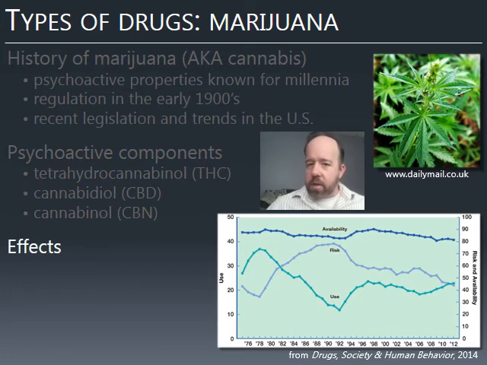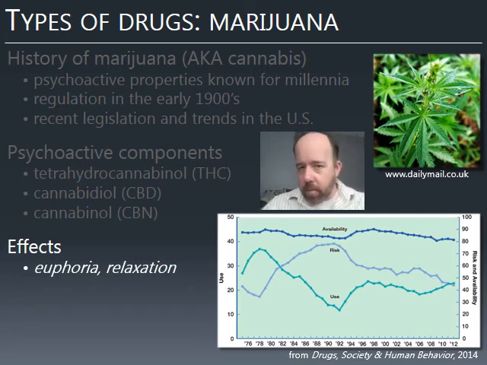So what are the effects of marijuana? Well, depending on dosage, you can get euphoria. You can also get relaxation. And some sources will classify marijuana as a depressant. Your book doesn't. I typically don't, because it has some stimulant-like effects, like an increase in heart rate. But there are cannabinoid receptors.